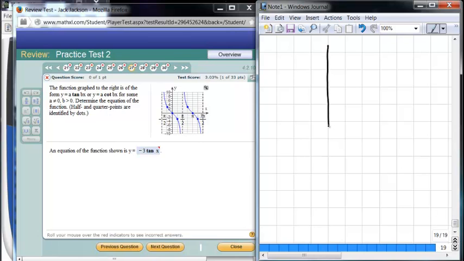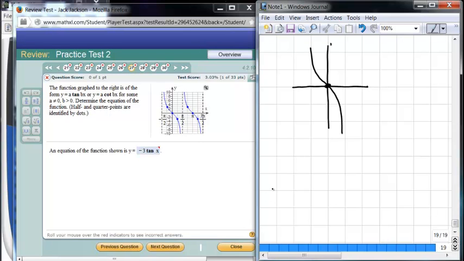So the one that goes through the origin, we have not done a horizontal shift with this one. So cotangent has an asymptote there, so that's not going to work. So it's going to need to be a tangent, but it's also decreasing like cotangent does. So the tangent's been flipped upside down. So we know that the A is negative.